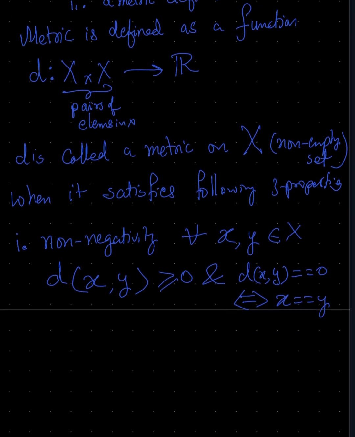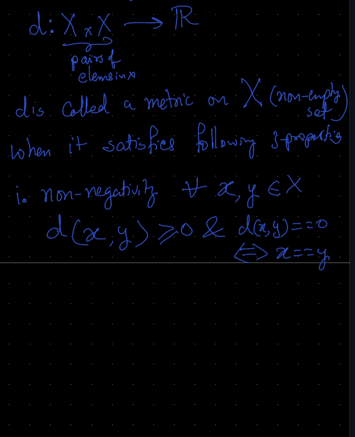So the distance metric between two elements in a set is 0 if and only if they are the same element.